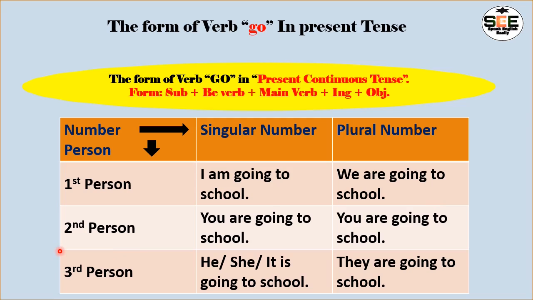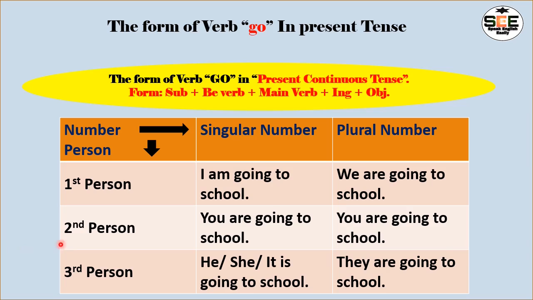So come to the second person. Here you is the subject, and are is the be-verb, and go is the main verb plus ing, and school is the object. So I can say second person singular: you are going to school in present continuous tense.